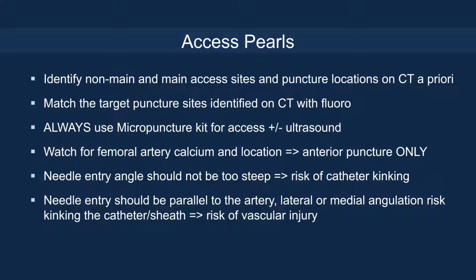The needle entry angle should not be too steep. You want to avoid the risk of catheter kinking when you do your catheter exchanges. And finally, your needle entry should be parallel to the artery, and a lateral or medial angulation will risk kinking the catheter or sheath and a risk of vascular injury.